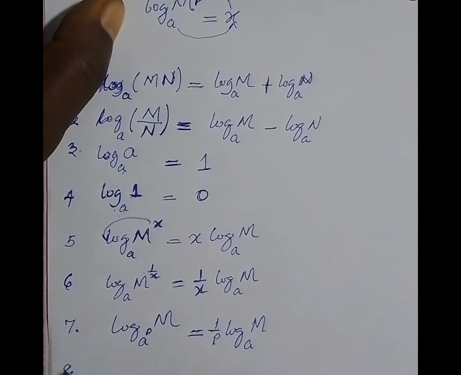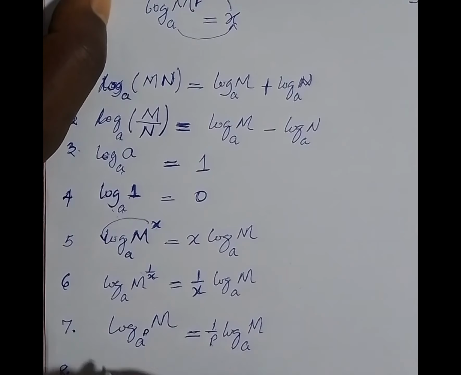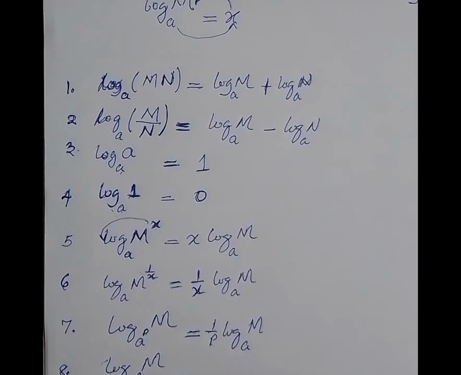Now law 8 is similar, but in this case, the base is having a power that is a fraction. So you have log m to base a. Now this a assumes a power that is a fraction. Let's say we have p over q as the power of the base. So the same principle applies.